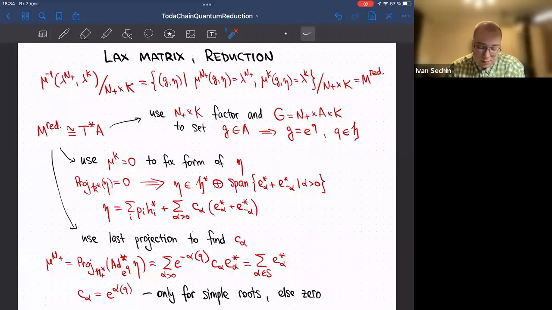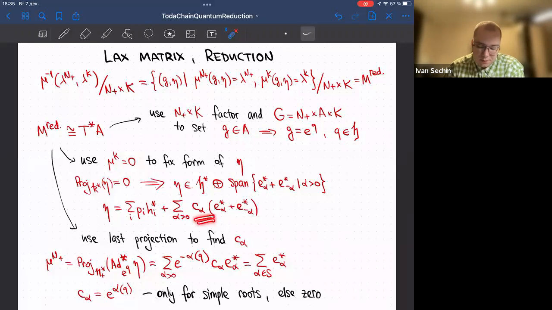Let's choose a basis in this space, and for eta some coefficients. Here we write coefficients pi I, which cannot be fixed anymore.